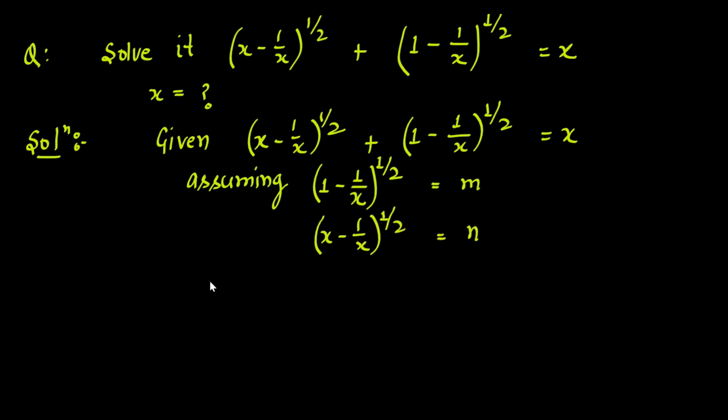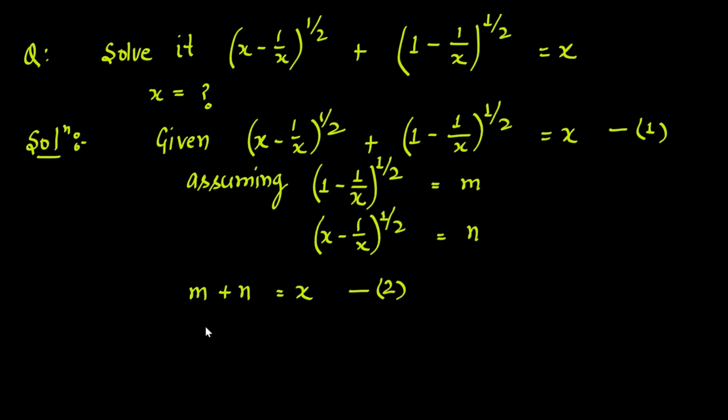So we can write our expression, this is 1, after assuming, as m + n = x. This is equation number 2.